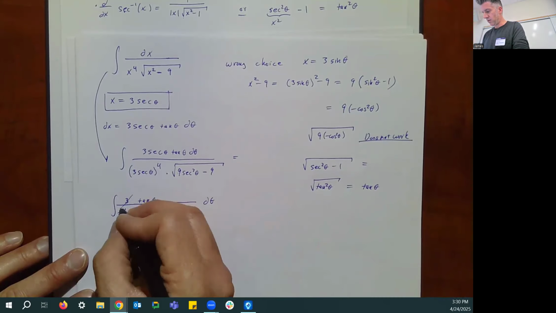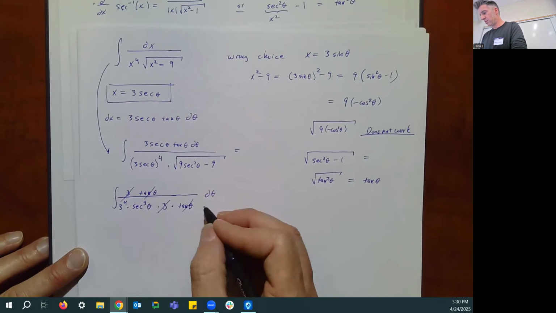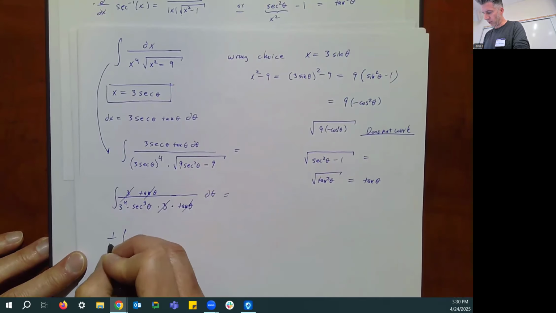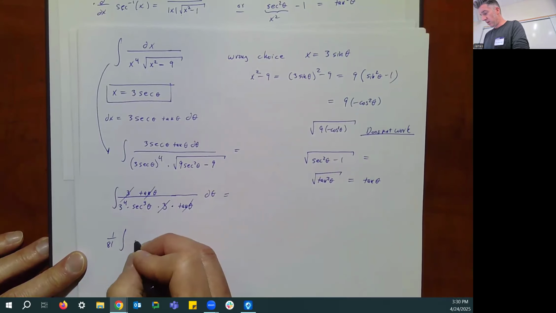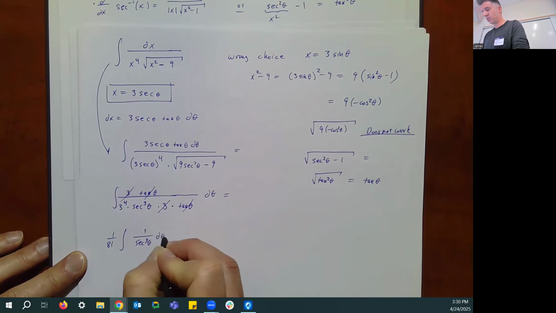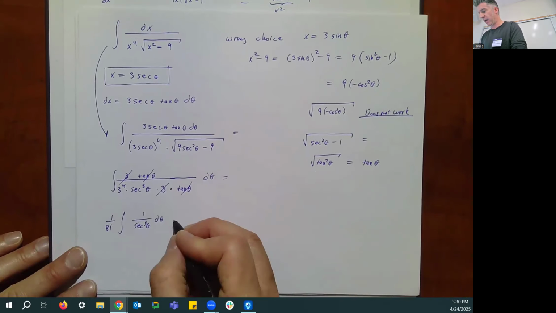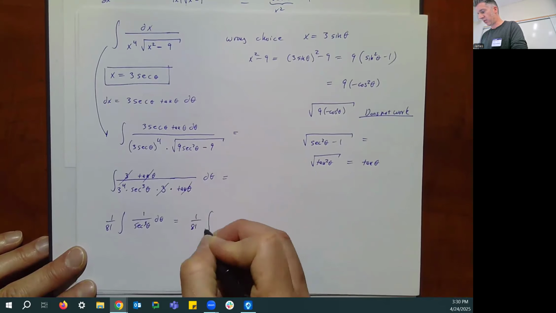Cancel another 3. Cancel a tangent. So now I've got the integral of 1 over 3 to the fourth, which is 1 over 81, times 1 over secant cubed, which I should probably rewrite as the integral of cosine cubed.